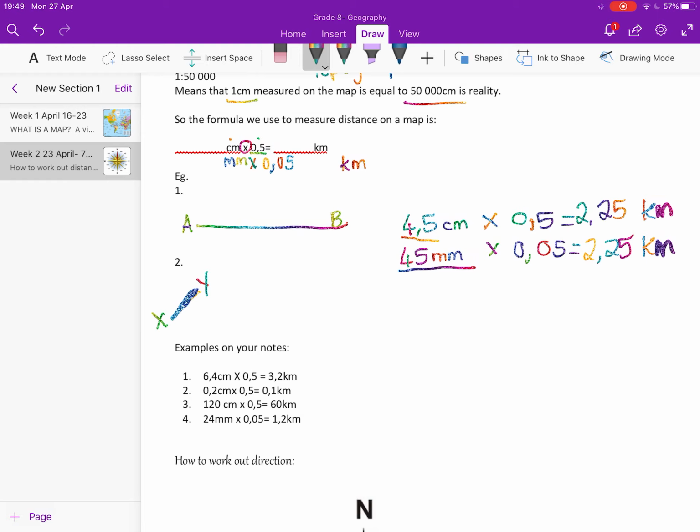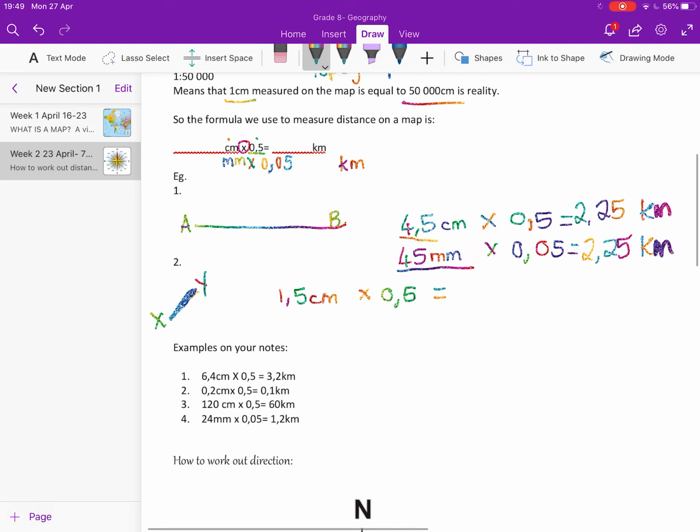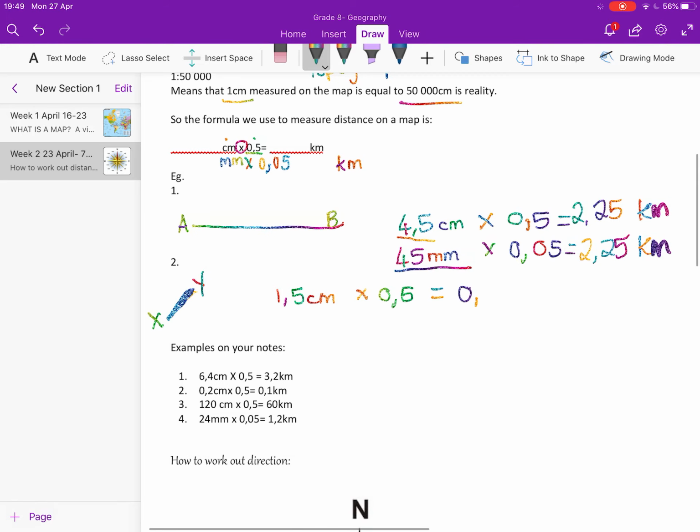Write it down. So to me it looks more or less like 1,5 centimeters. When I measure in centimeters, I have to times it by 0,5. And in this case, I would get an answer of 0,75 kilometers.